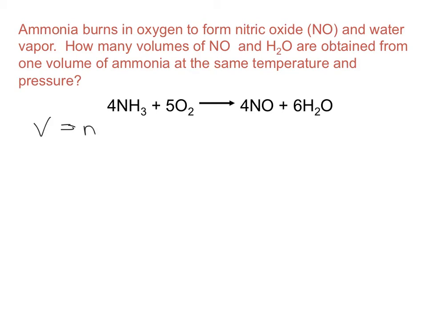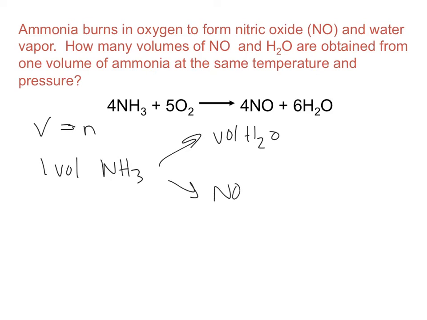So if I know I have 1 volume of NH3, they want us to indicate how many volumes of H2O and NO are present. Okay, so this is what they're trying to get us to figure out. So how do we look at this?